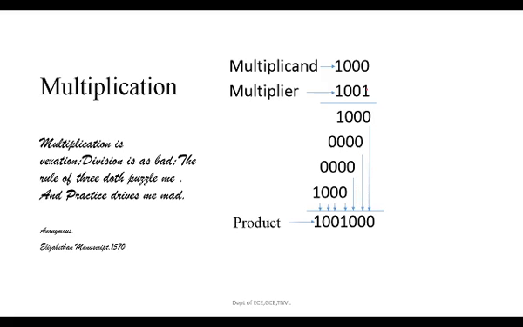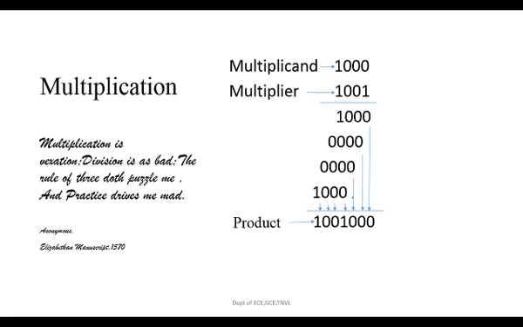Now again we multiply with the third bit, that is 0, so again the result will be 0. These are all intermediate results: 0 0 0 0. And again the last bit, the most significant bit of the multiplier, gives the result 1 0 0 0.